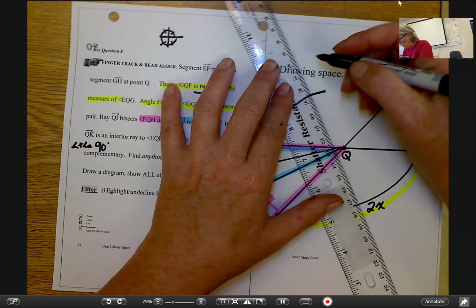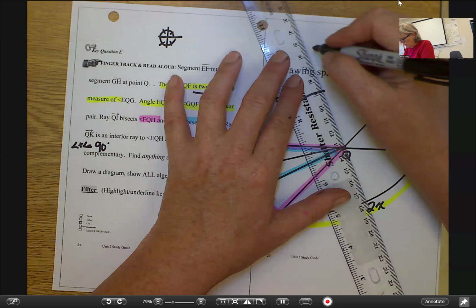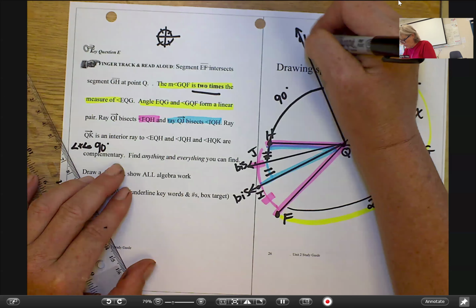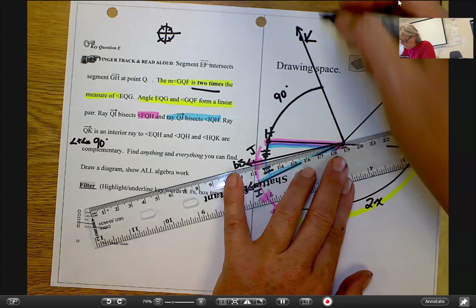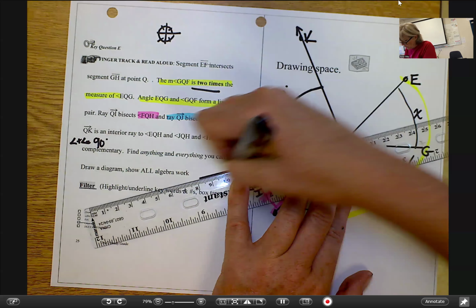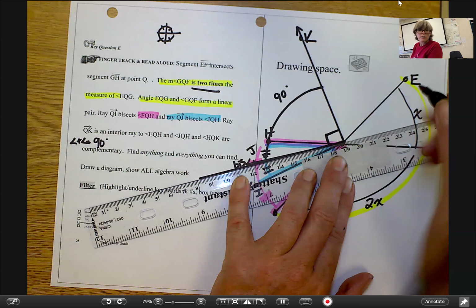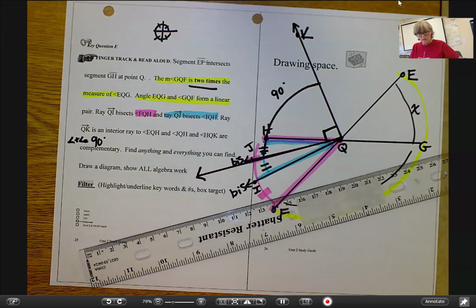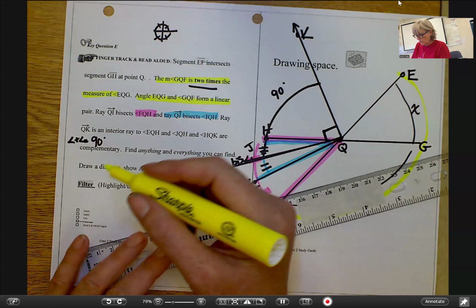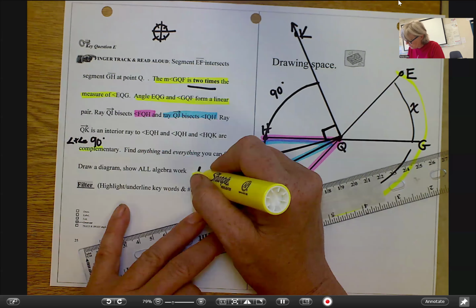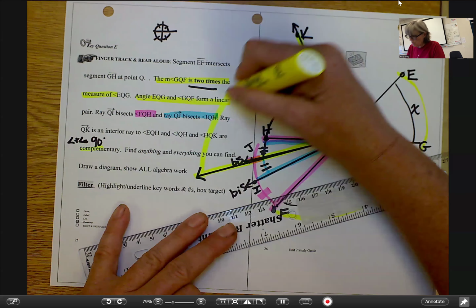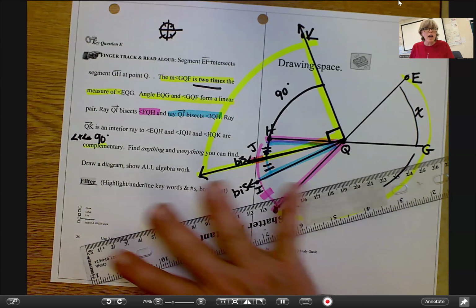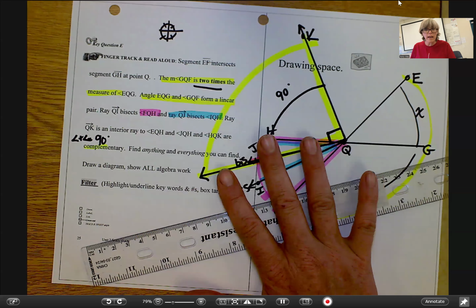So you kind of eyeball it. Look here. That's going to be our K. And I'm just going to darken it so you can see it. You want to make it kind of drawn to scale. So that should look 90 degree-ish. All right. They are complementary. So complementary means that this adds up to 90 degrees. Knowing all this, find all possible angles.